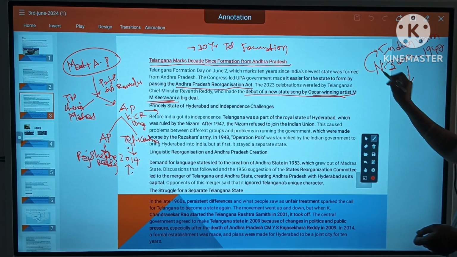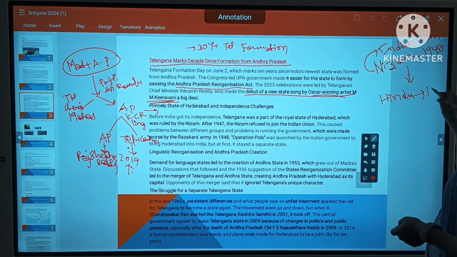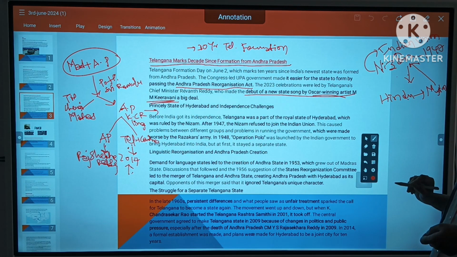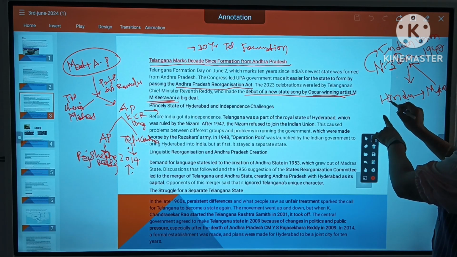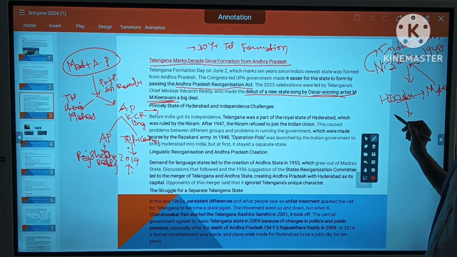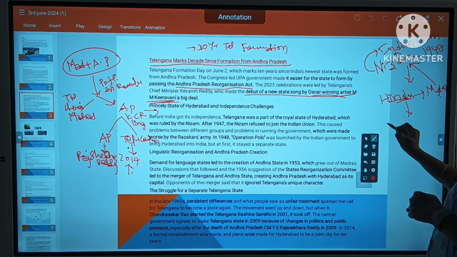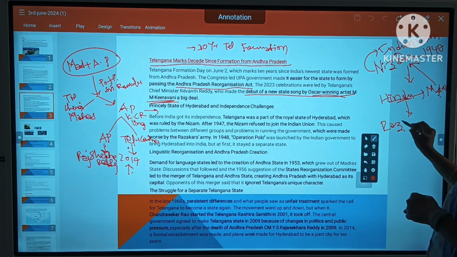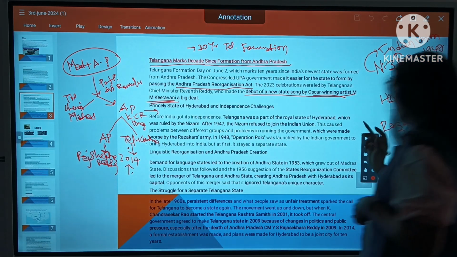So what he did, he wanted to convert Hindu people of Telangana into Muslims, because he thought if Muslim majority is there with him, he can win over Indian Union. Like that he thought. So he used Rajakar army. Okay, here you can see this.